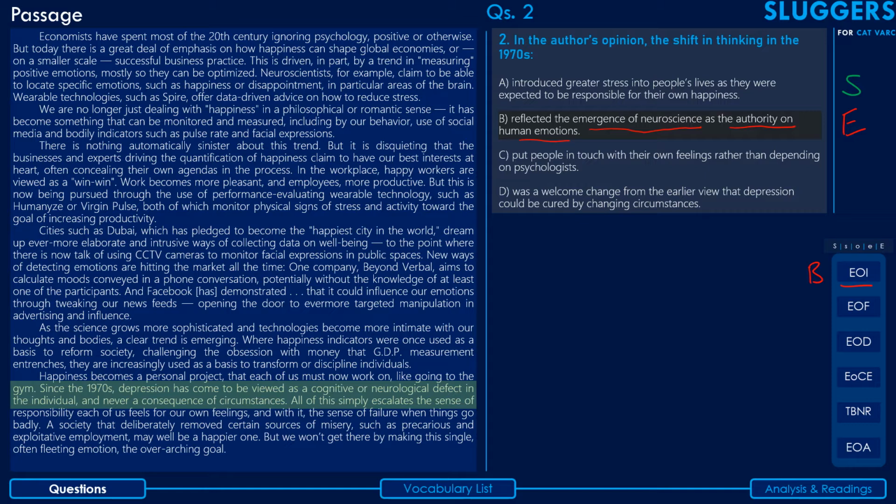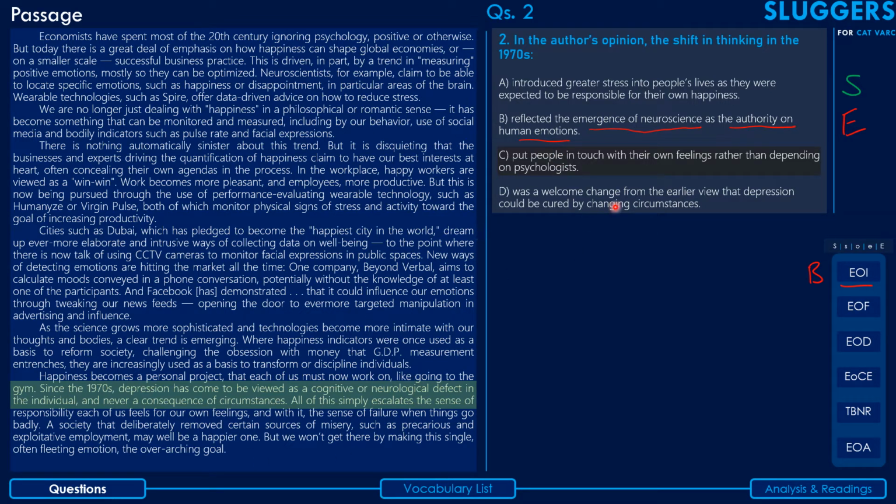Okay, so let's move on to the next option, which says the shift in thinking in the 1970s put people in touch with their own feelings rather than depending on psychologists. Now again, guys, this dichotomy of people getting in touch with their own feelings as opposed to depending or not depending on psychologists, this discussion has not been had anywhere in the passage.